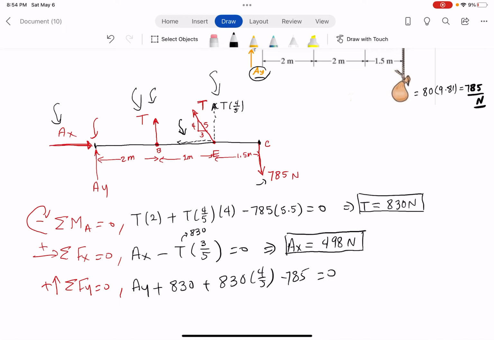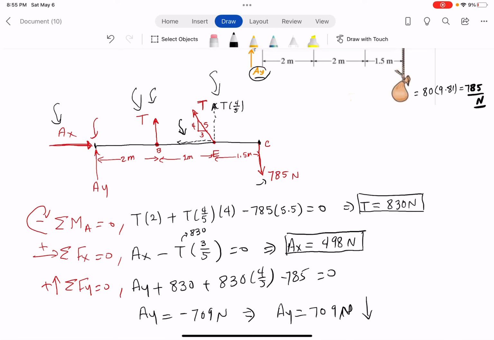Okay, we'll do this, and this would give you an AY. 830 times 4/5 minus 785 plus 830, and AY is minus 709 newtons, which means that AY is 709 newtons, and it is opposite in direction.